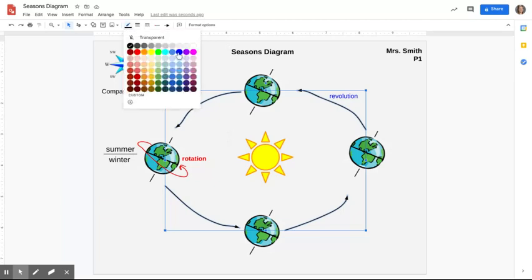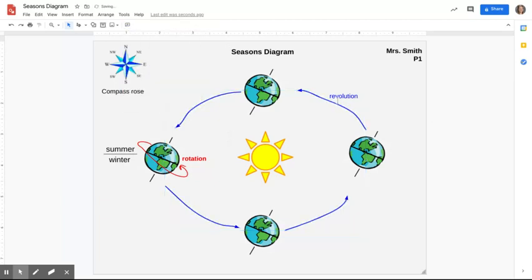I know that blue word goes with my revolution. So at this time, go ahead and make sure that your page is updated, that you have summer and winter, and you also have your arrows and your label showing which direction the Earth revolves.